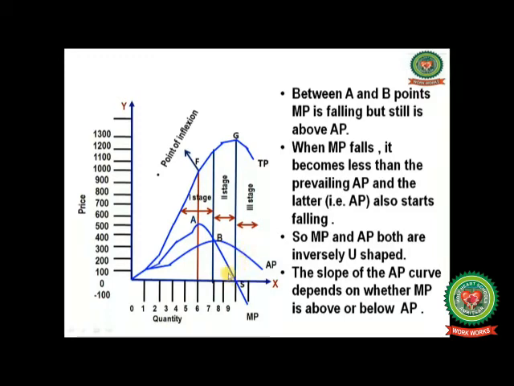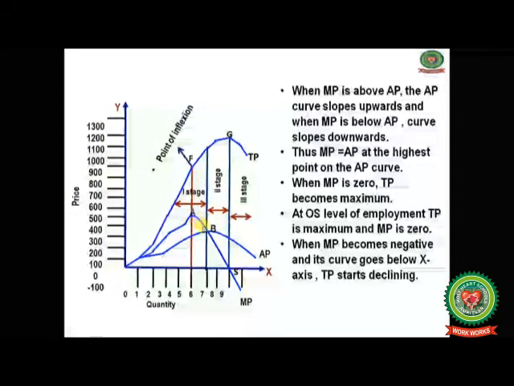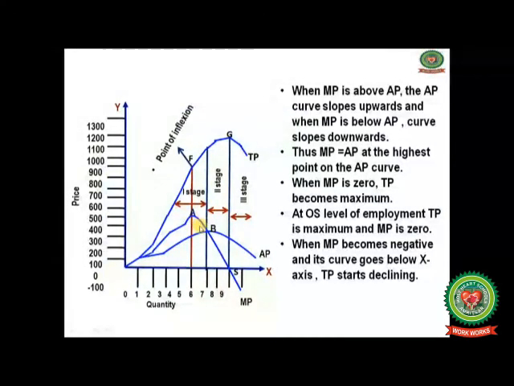Both MP and AP have an inverted U shape, and the slope of the AP curve depends upon whether MP is above or below the AP curve. When MP is above the AP curve, the AP curve slopes upward, and when MP is below the AP curve, the curve slopes downward. So MP and AP are equal at the highest point of AP.